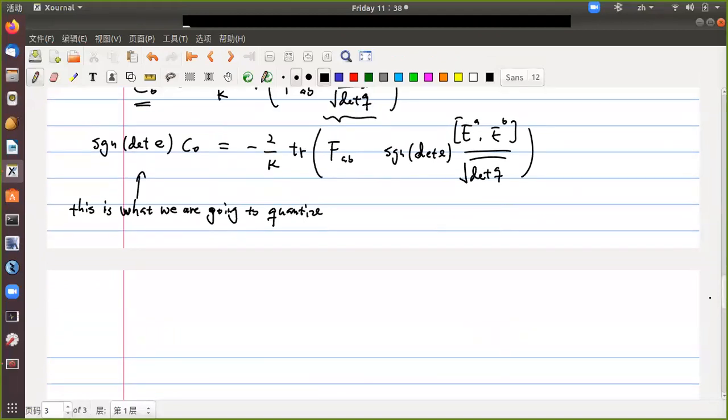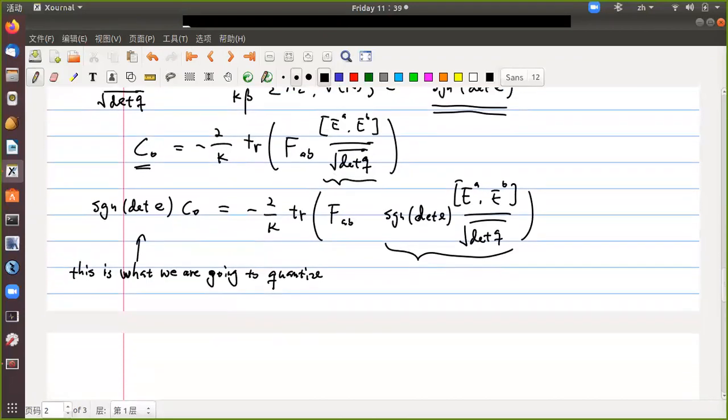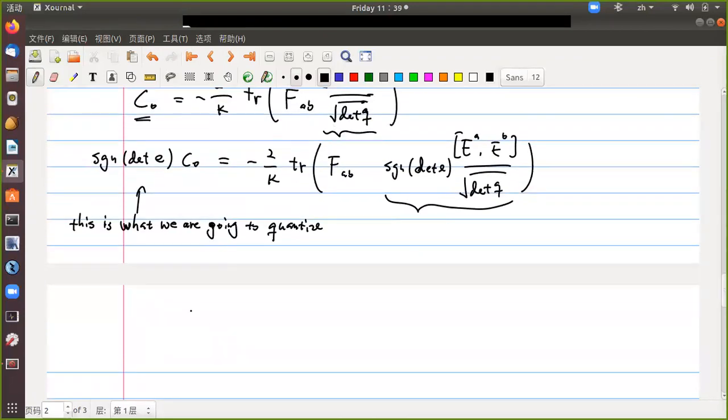All right, so now you can safely replace this quantity to be the Poisson bracket. Let me do the replacement.